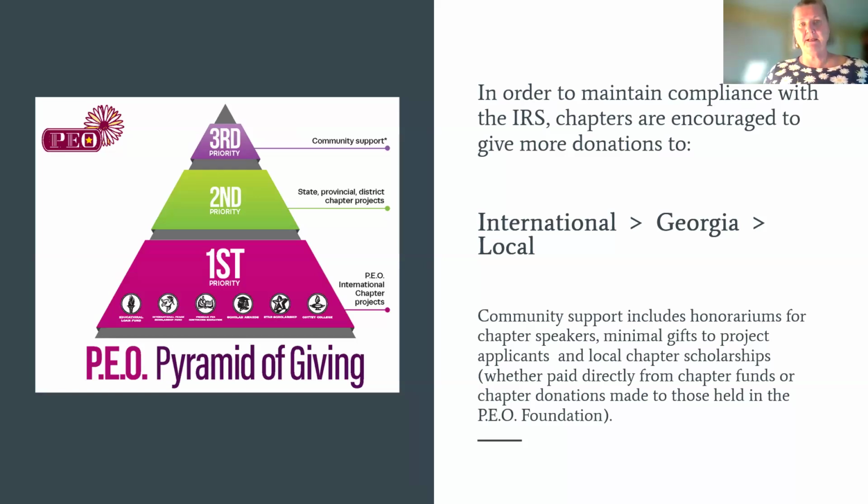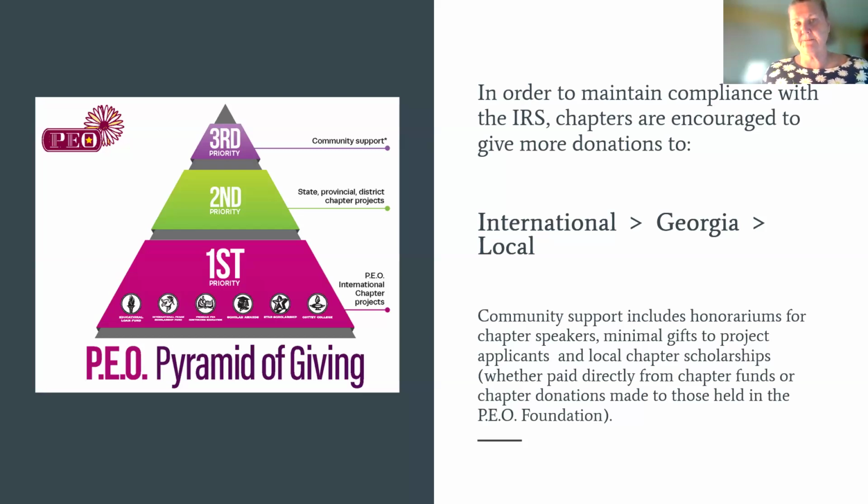Okay. In our period of giving, the stuff that's in pink on the contribution form is the biggest chunk, and that is where our biggest amount of giving should be. This helps us to be compliant with the IRS. To stay within our 501(c) parameters, we must have more money going to the foundation than going to the state.